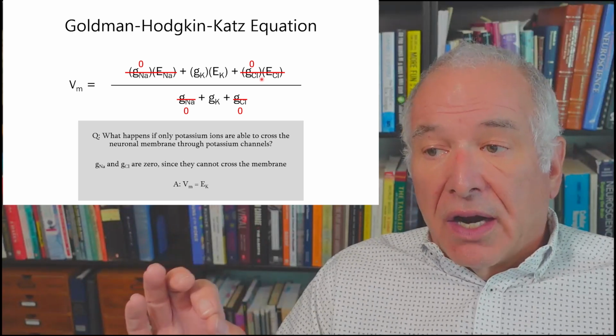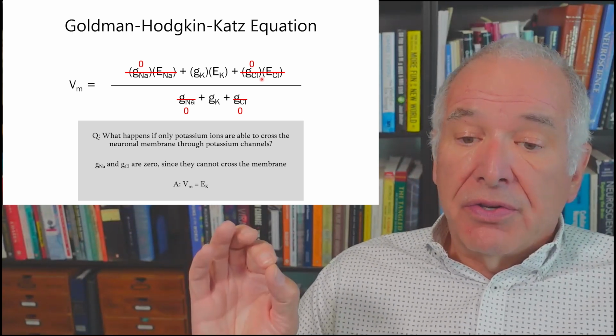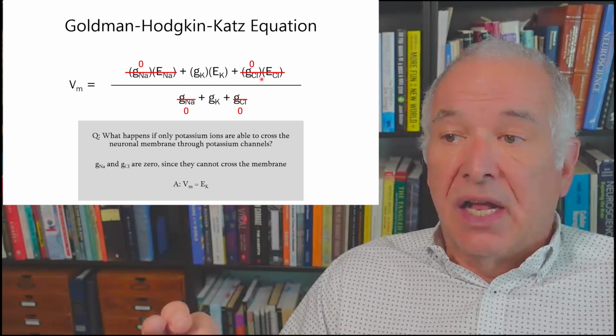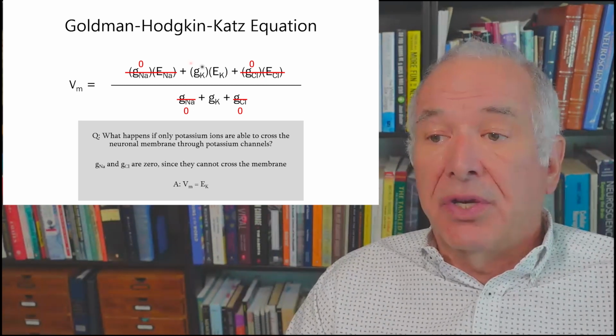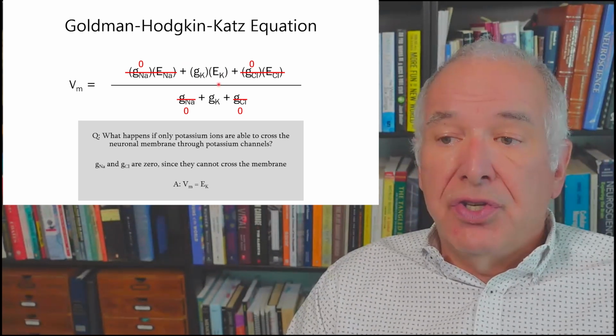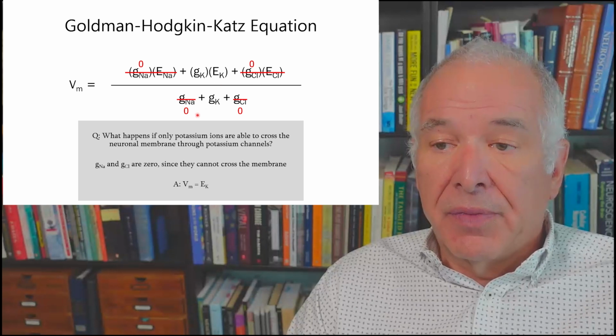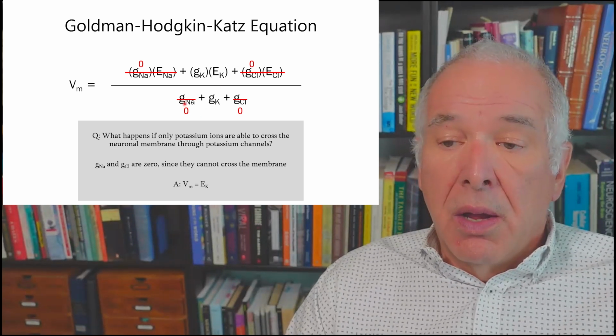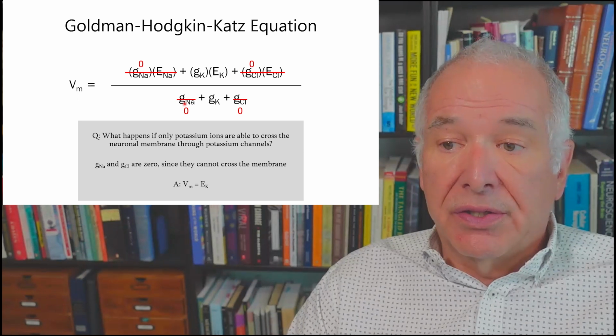The chloride conductance is similarly zero. There's no conductance for chloride, and so that number times E_Cl is zero. So that's a zero too. So in the numerator at the top of this, we're left with G_K times E_K. Now in the denominator on the bottom, we have G_Na of zero because there's no sodium conductance.